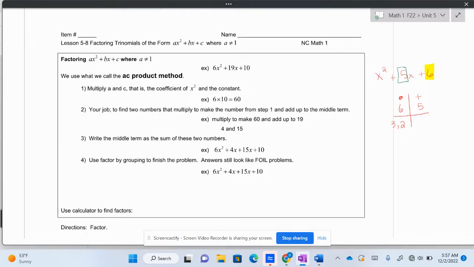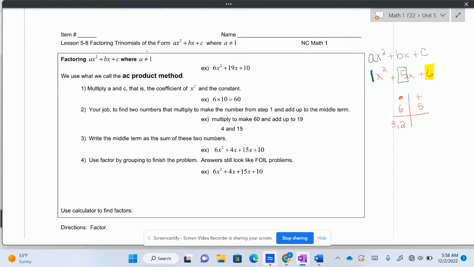But what I want to remind you was that yesterday, remember I said our leading coefficient is 1 because we didn't have any number attached to the x. So our trinomial is written in this form: ax squared plus bx plus c.